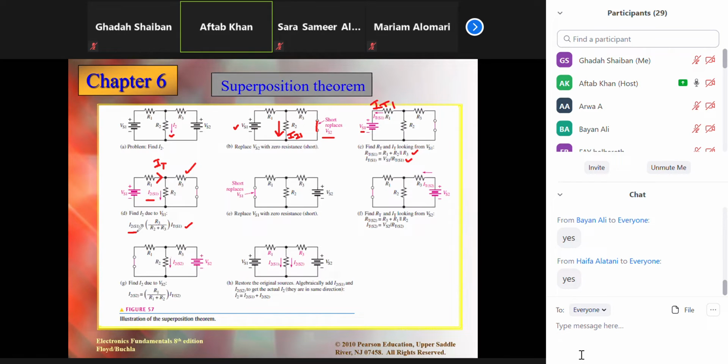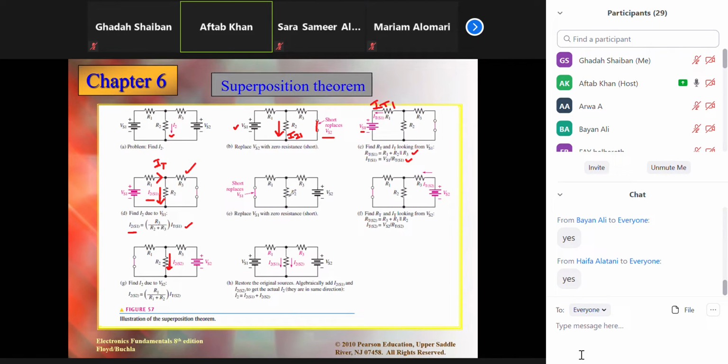Provided one thing which you need to consider: because we are saying the current is flowing from up to down, and same if we are considering for another case like this one, current is flowing up to down. So it means we need to add them algebraically. All right. So now we are proceeding for the second. You see this one, and this time R1, R2 is in parallel.